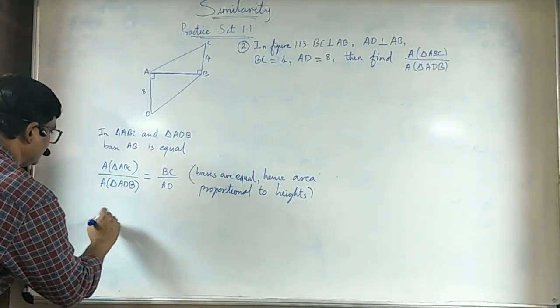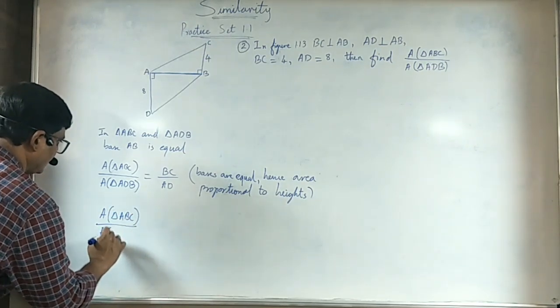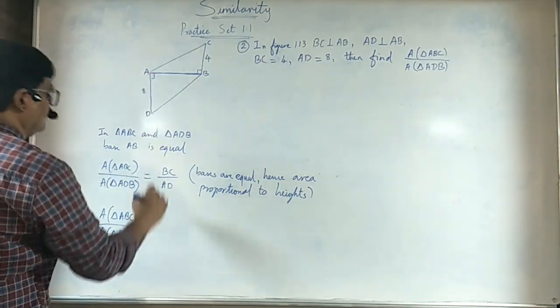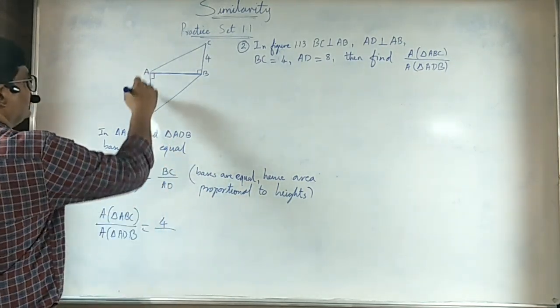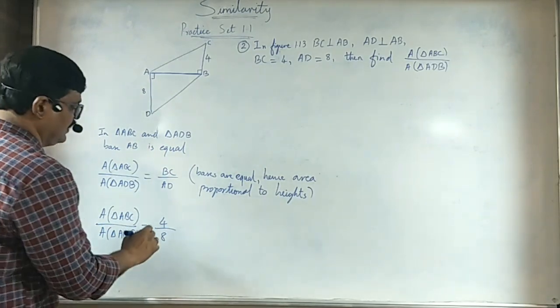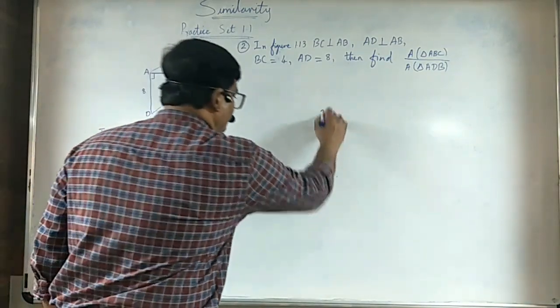So here in this case, you have area of triangle ABC upon area of triangle ADB equal to BC value, which is 4, and AD value, which is 8. So can I do the cancellation? 4 ones are 4, 4 twos are 8.